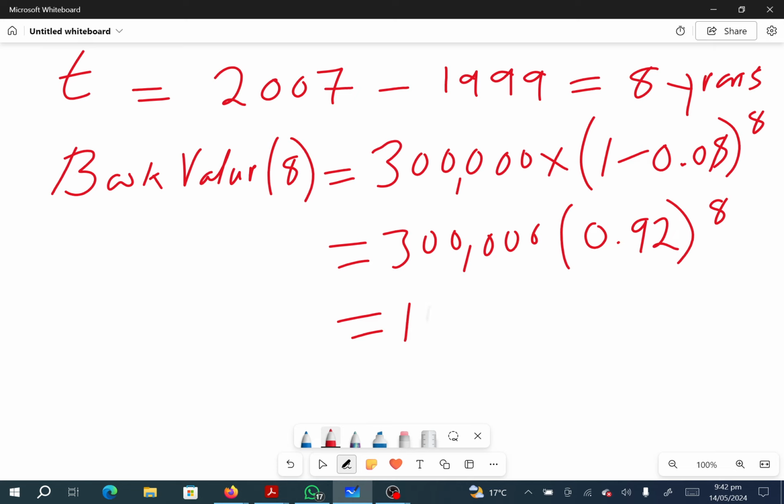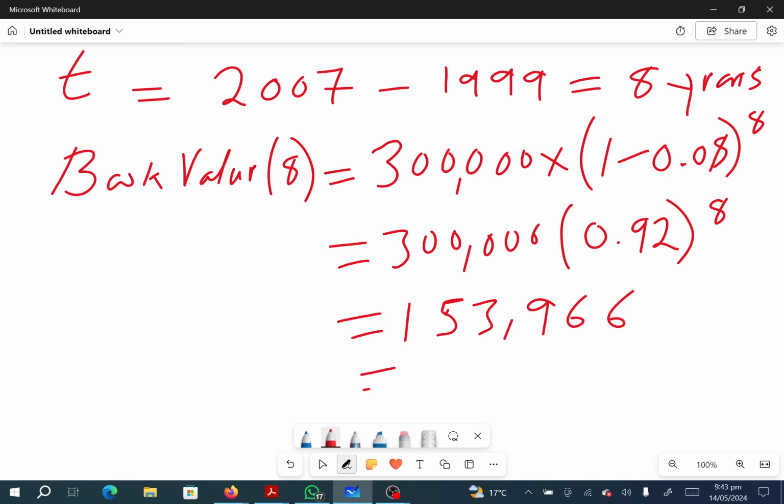Then it will give you 153,965.6, and we round up.